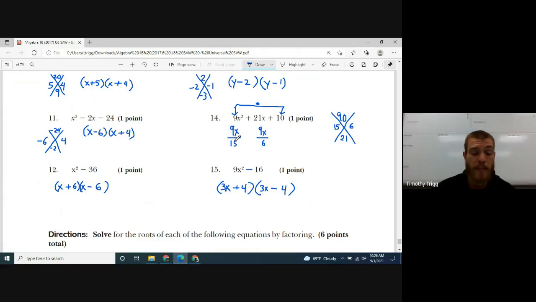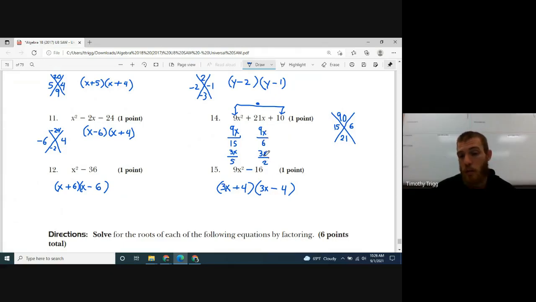And you simplify these like you would a fraction. So how would I reduce this one? Well, I could divide both these by 3. So that would give me 3x over 5. This one I could divide also both by 3. So that would give me 3x over 2. Right? Dividing by 3 gives me 3. Dividing by 3 gives me 2.